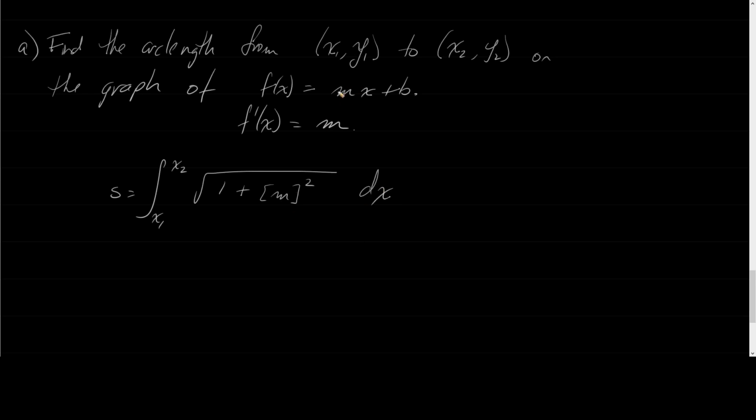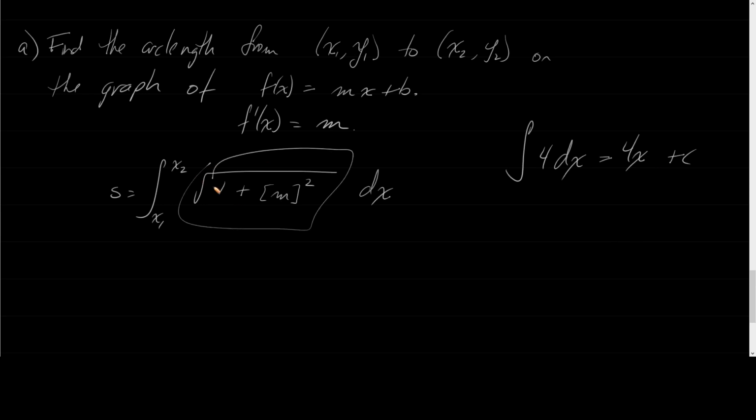Well, here's the thing. m here is a constant, right? So this square root stuff here is all just one big constant, so it's not even applicable to the integral. So what I'm getting at is, think about it this way. If I have the integral of 4 dx, 4 is a constant. The integral of 4 dx would be just 4x, right? But in here, that's essentially what I've got.